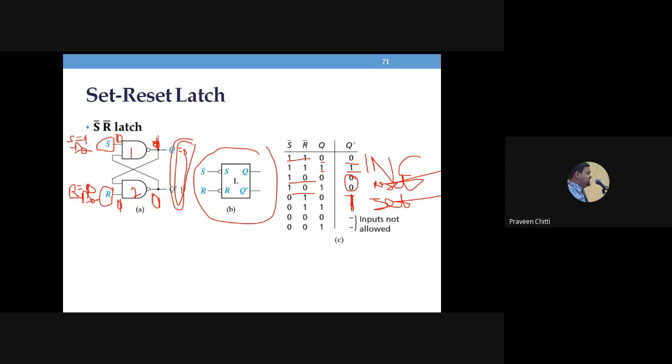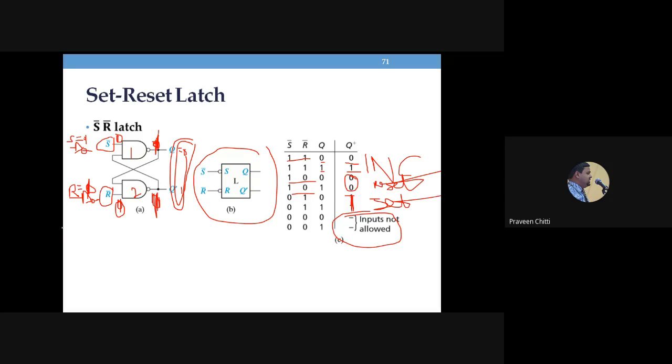And now if I give both as 1, 1, that is R1, S1, so both S bar and R bar will become 0. When both become 0, both the outputs of the NAND gates become 1, which violates the basic definition of a latch. Hence, this is called forbidden or invalid.